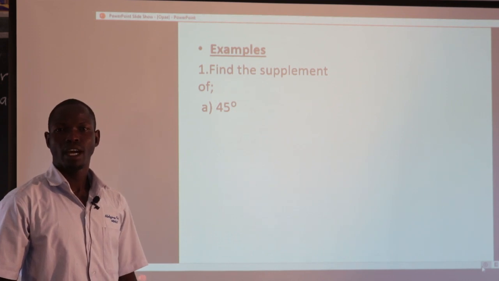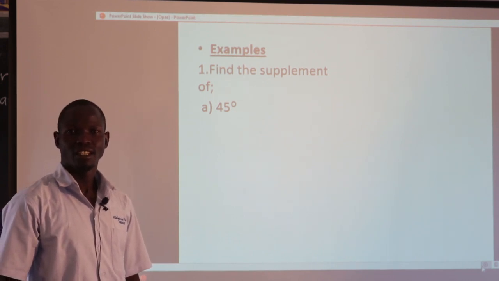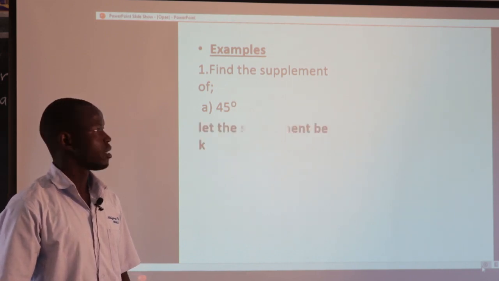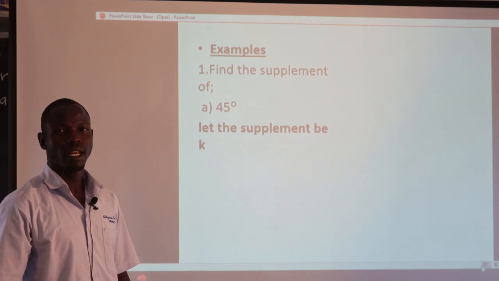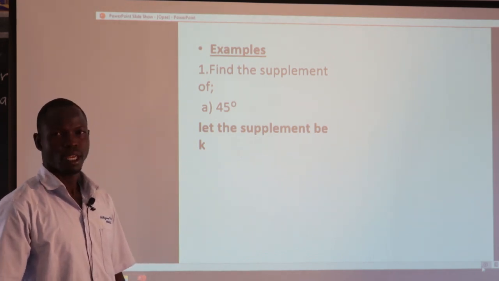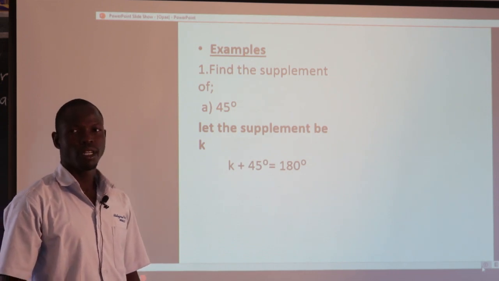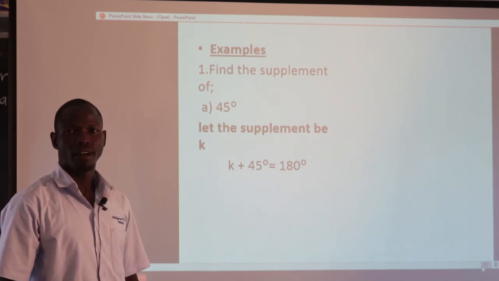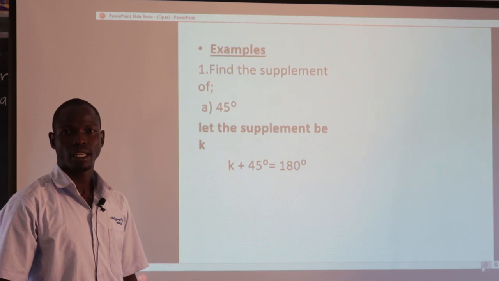In this one we have two methods, since 45 degrees is an actual angle. Method one: we say let the supplement be K, and then you form your equation. K plus 45 degrees is equal to 180 degrees.